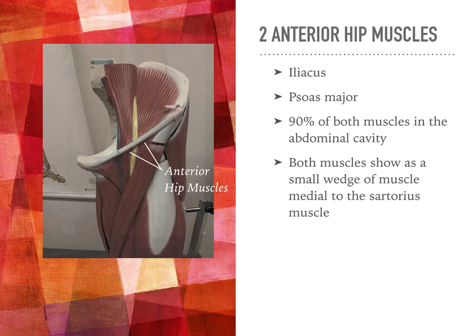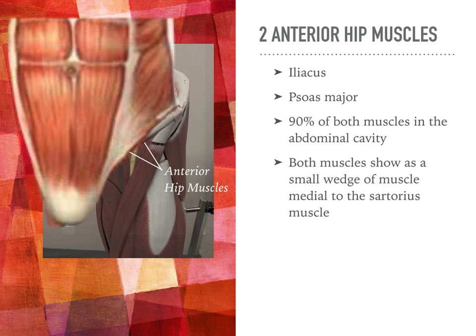The anterior hip muscles extend from up inside the body cavity down and out. Here's somewhat of what it would look like if the abdominal wall muscles were present. So you can see those abdominal muscles cover that abdominal cavity.